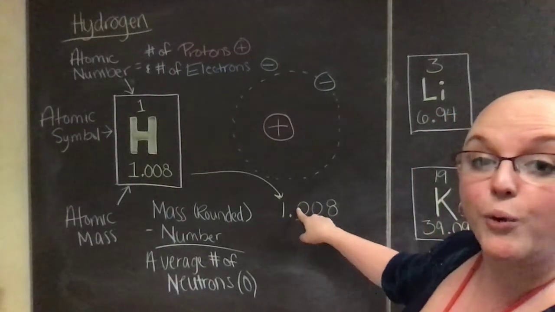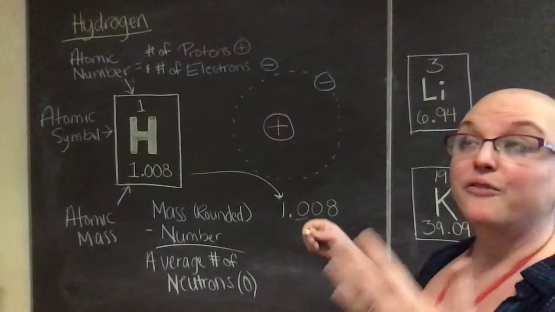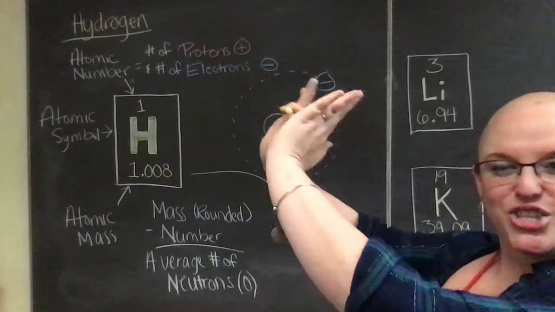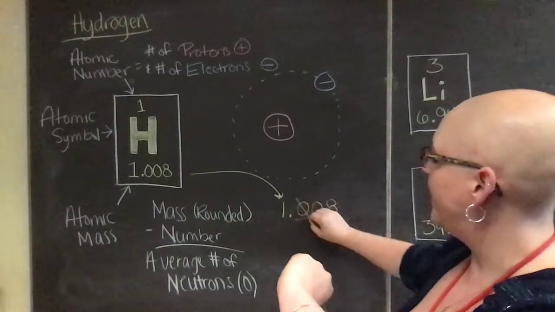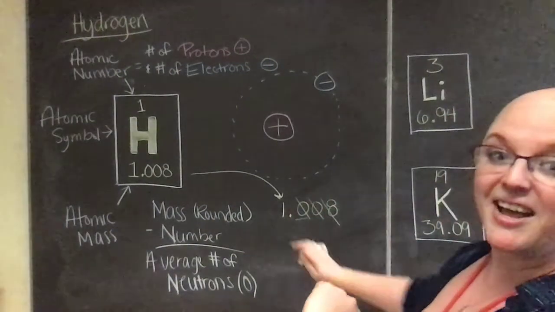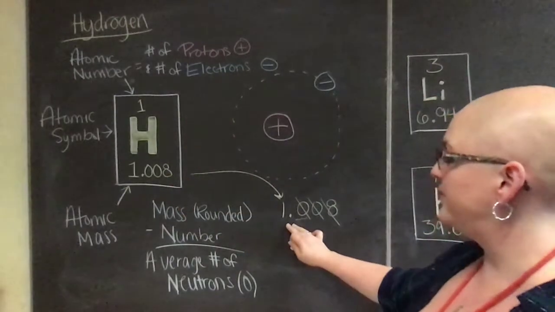If it's 4 or below, let it go. If it's 5 or above, give it a shove. So this is a 0, it's 4 or below, we're just going to let it go. That means we're left with 1. We just rounded our atomic mass to 1.